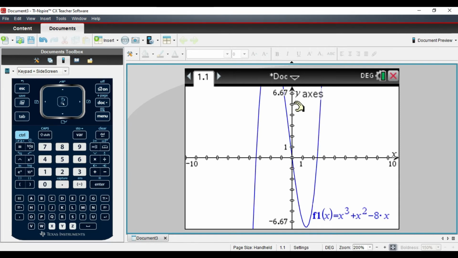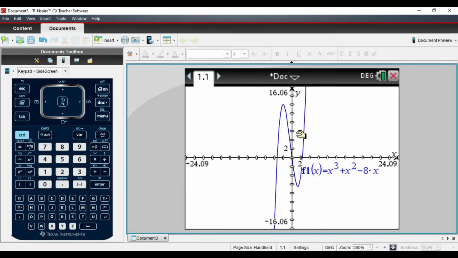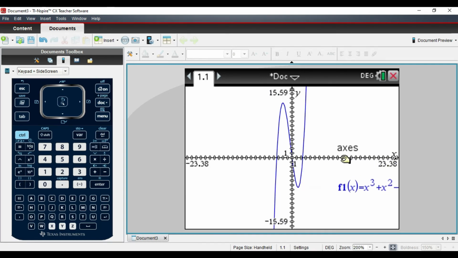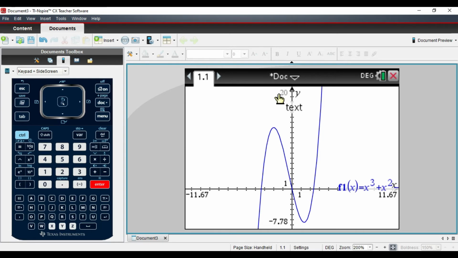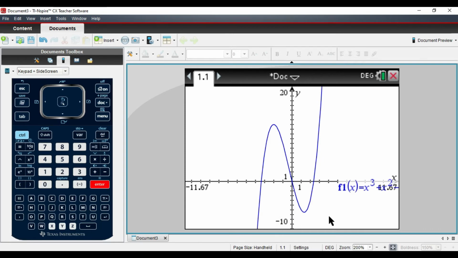And then let's see, can we resize that a little bit? Actually, I think I'm just going to resize the y-axis. So I'll leave that where it is and just double click on those numbers. We'll go up to about 20. And then I don't know, what do we need to see? Maybe negative 10. I guess negative 8 was good enough.